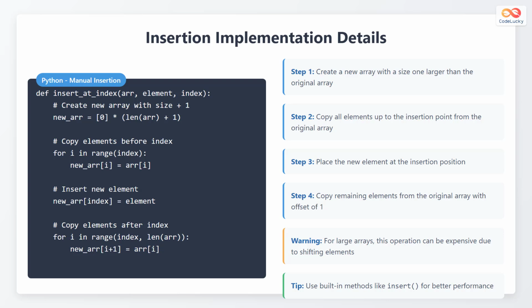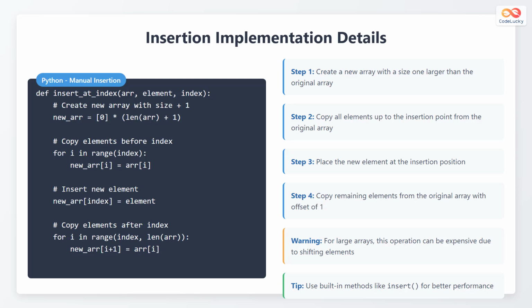Therefore, the function would be like def insert_at_index(array, element, index): new_array = [0] * (len(array) + 1). Then, for i in range(index): new_array[i] = array[i]. new_array[index] = element.